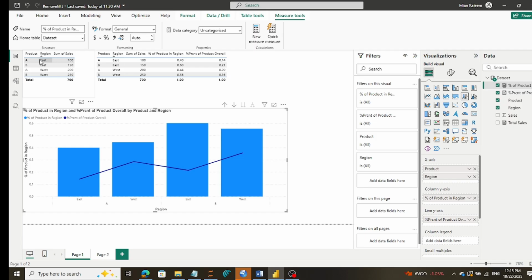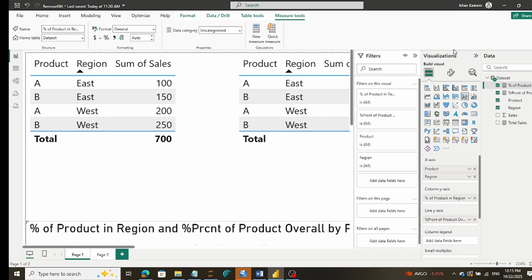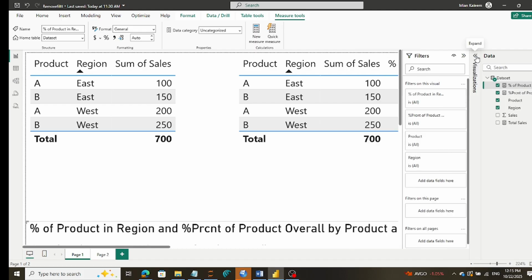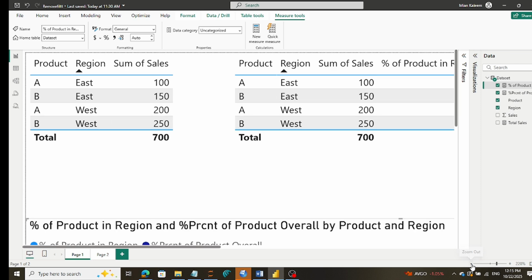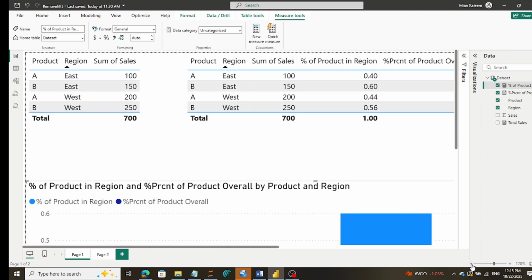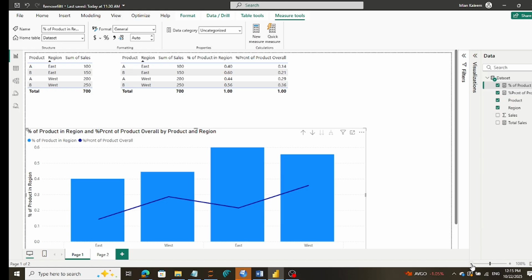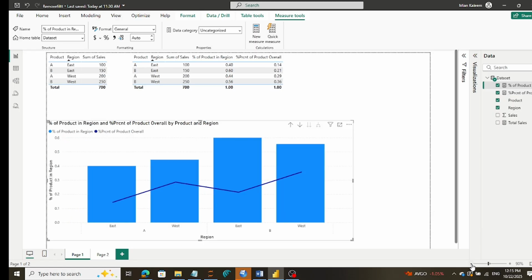A sold in the East region 100 units. That's how the East and West sales are shown here.